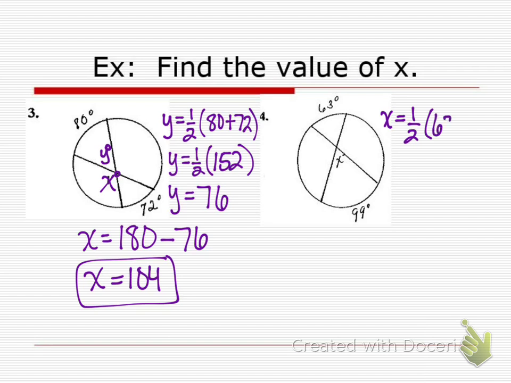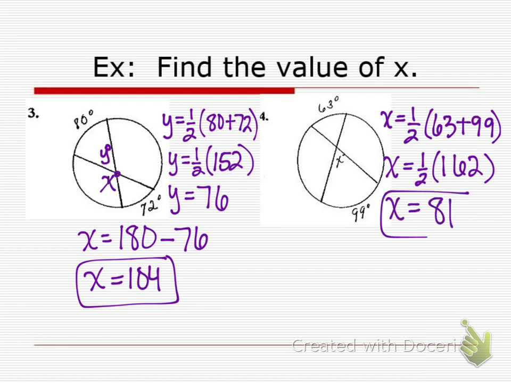X equals 1/2 times 63 plus 99. 63 plus 99 gives me 162. Half of that is 81. We all get 81? Those of us that took the time to do it? Good. Ready to move on?